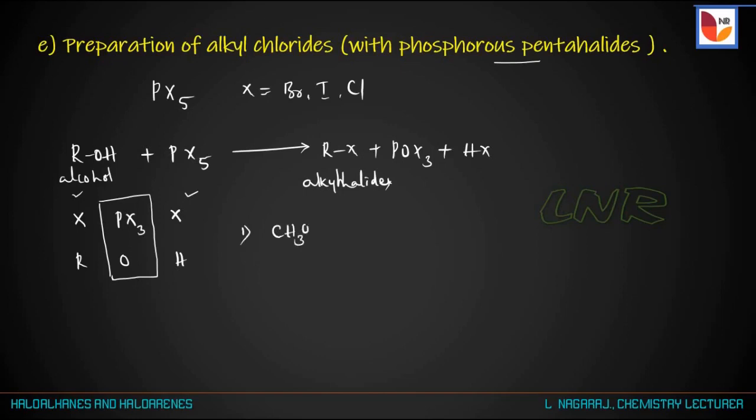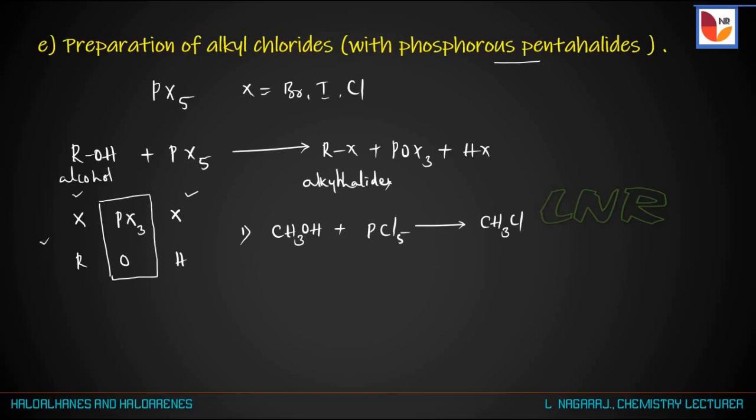So when the methanol reacts with the phosphorus pentachloride, the obtained products are to be represented as CH3Cl.